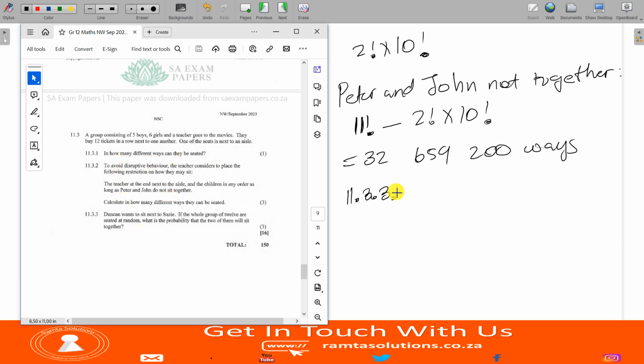So Duncan and Peter, so this is our sample space now, okay? Our sample space now is 12 factorial because they are saying the whole 12 sit at random, okay? Now our event is Duncan and Susie next to each other, or Duncan next to Susie.